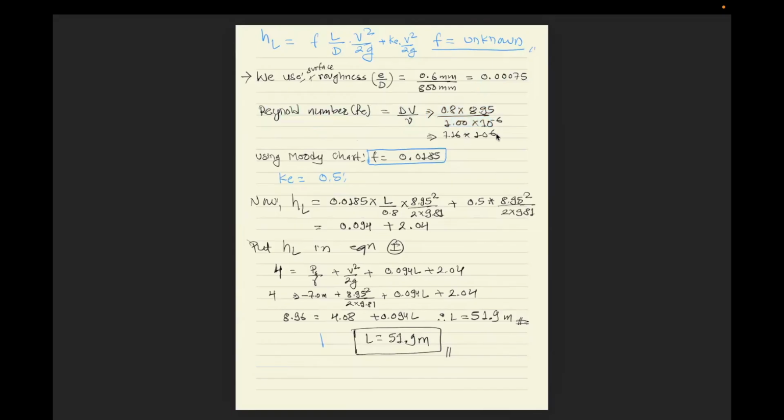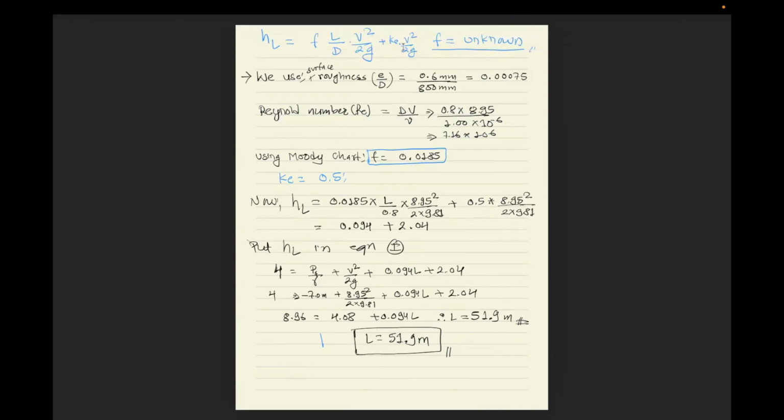So from this we get 7.16 times 10 to the power 6. This confirms that the flow is turbulent, and by using this surface roughness and Reynolds number, we can compute the frictional factor F from the Moody chart, which will be equal to 0.0185.